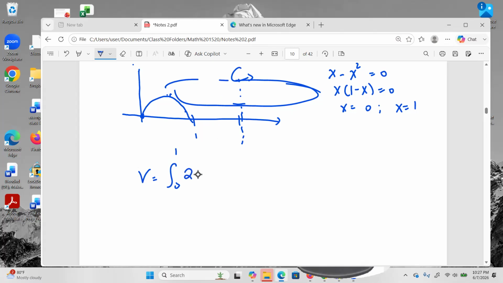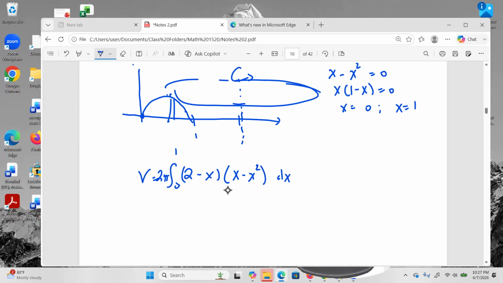That's going to be 2 minus x, times my height, which is going to be x minus x squared, dx. We have a 2 pi r h here. That's what we're getting, 2 pi r h times dx. Okay, so that's what we're looking at here.